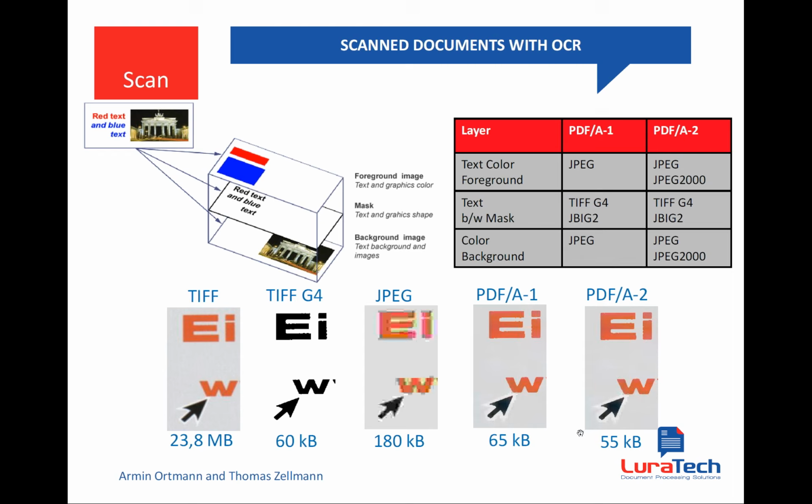And when you look into PDFA, then with the modern compression algorithms with all the benefits which PDFA allows, then you really come into the size, depending on the levels, of 55 to 65, and this is as small as you typically only know it from black and white documents. So this is really the state-of-the-art technology.